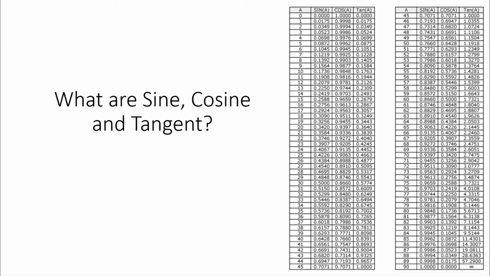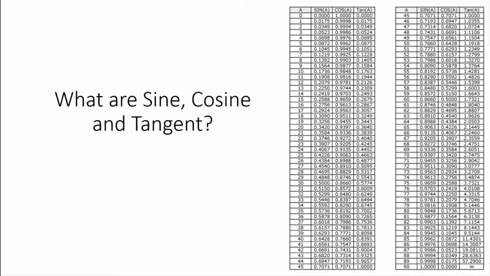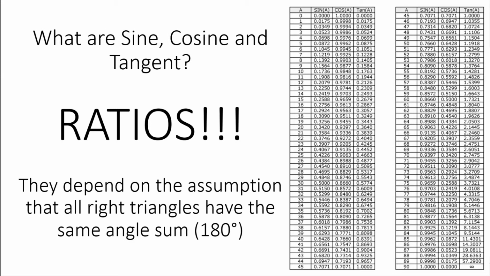Let's get back to these ideas of sine, cosine, and tangent. What are these things? What are sine, cosine, and tangent? Well, you can see here on the screen a whole bunch of numbers, and you might see at the top there sine, cosine, and tangent. So maybe they're just numbers. Well, it turns out that, at least for now, we're going to be looking at sine, cosine, and tangent as ratios.